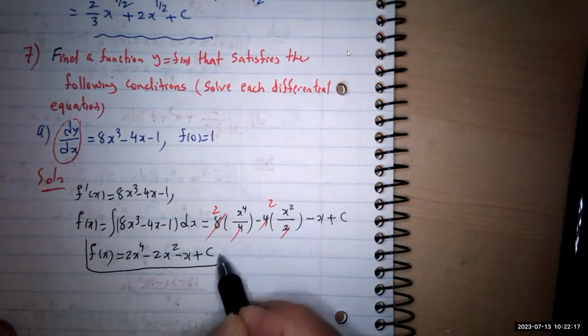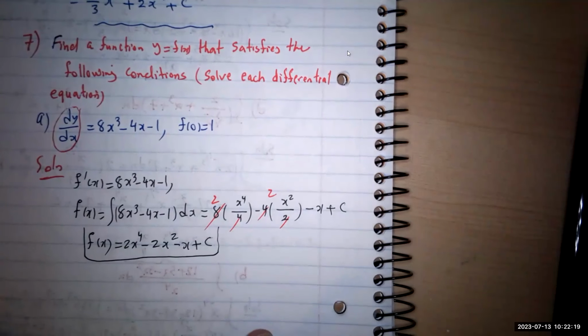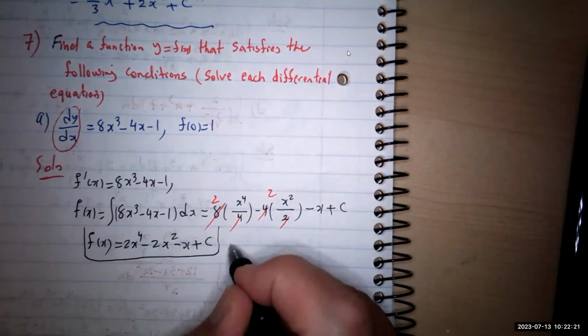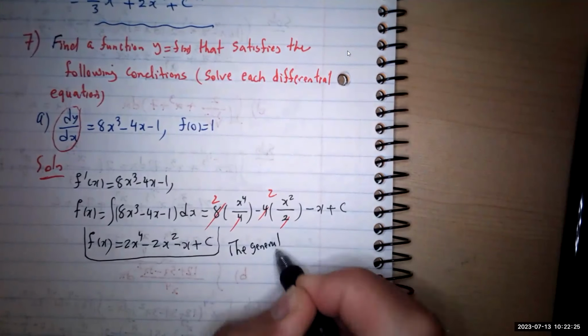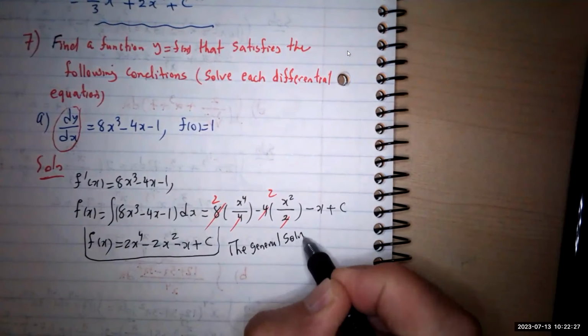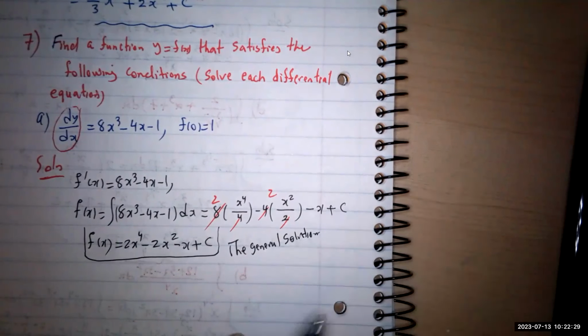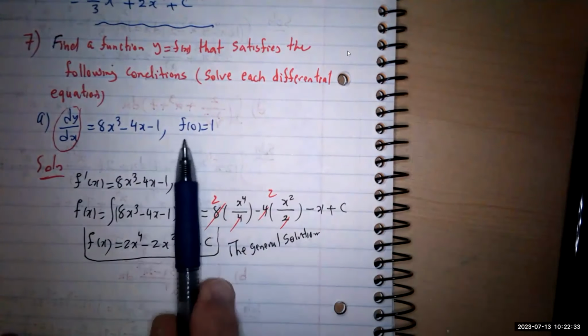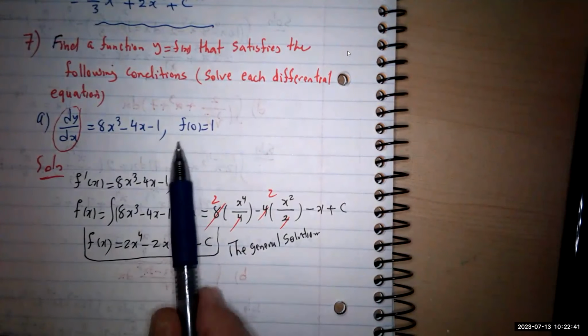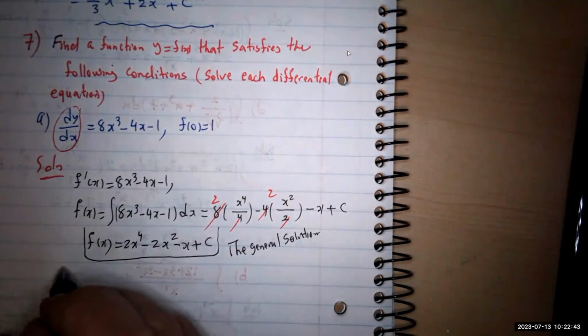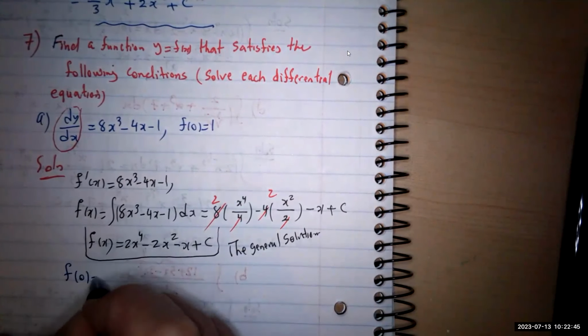You see, this is the one we refer to as the general solution, just for your information. When you solve the differential equation, we call this one the general solution, meaning many solutions. But you'll be given the second condition, f of 0 equal to 1. You are interested in one of these functions. Which one? The one with this information. We say f of 0 is equal to 1.